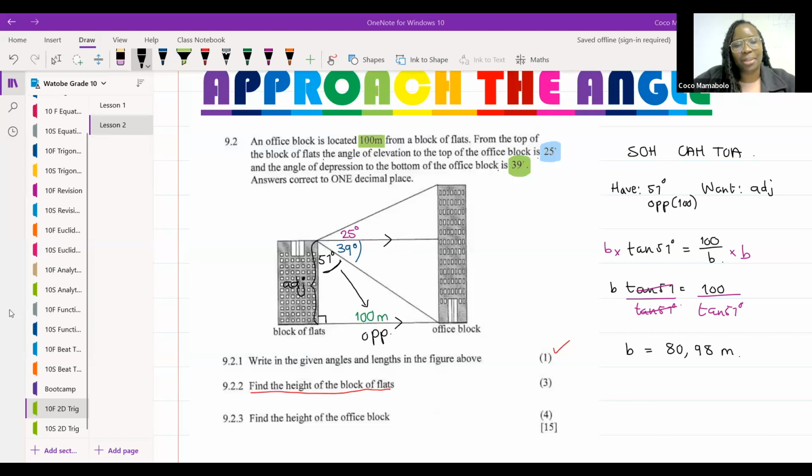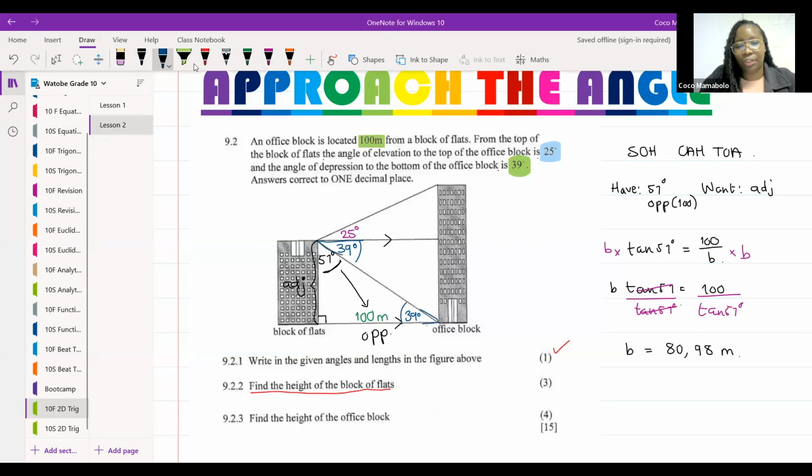All right, Kama, what's up? Sorry, ma'am, by assuming that the two lines are parallel, could we also use alternating angles? Absolutely. If they did ask us for the angles, this angle, because this one is 39 degrees, we could have easily made that one 39 degrees.